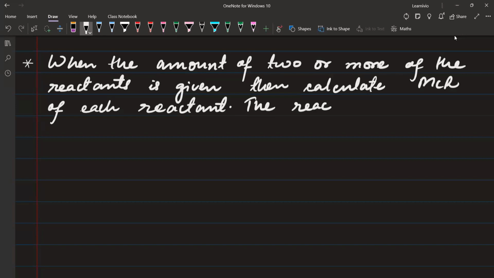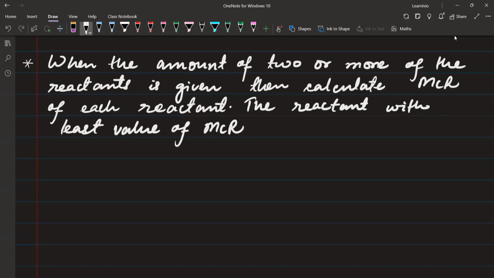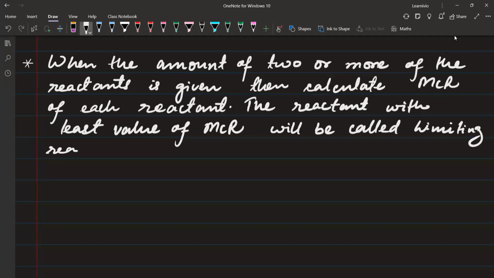The reactant with the least value of MCR will be called the limiting reagent. I will denote limiting reagent by LR.